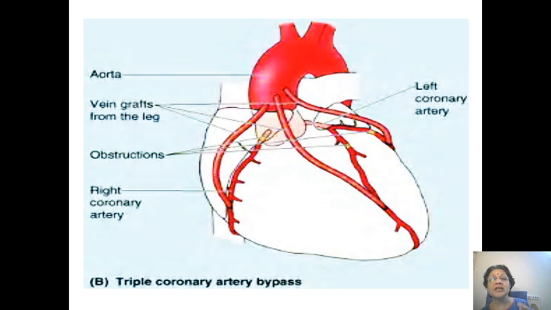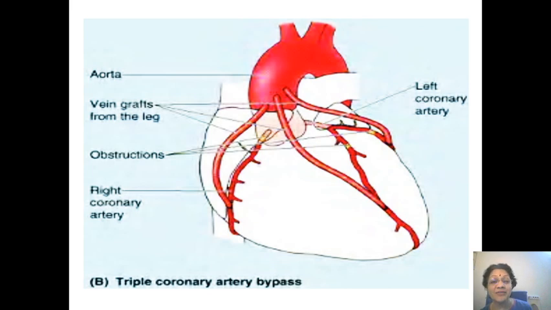Nowadays bypasses are done much less because firstly we diagnose early, therefore we can get to it when the block is smaller and there's still a good amount of cardiac tissue healthy left. Secondly, stent mechanisms and stent development has become very sophisticated, and a lot of times we can do a less traumatic intervention, only a percutaneous intervention, and get the same result without actually having to do a bypass.